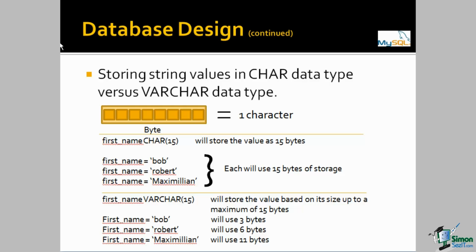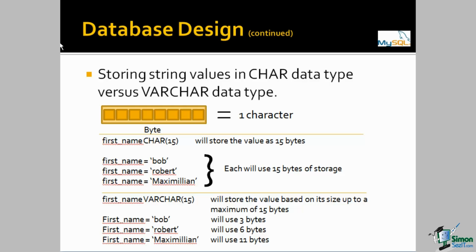It's a sharp contrast to storing Bob in a char 15, where only 3 bytes of storage are actually used for the data, but the column data type is declared to use 15 bytes of fixed storage. So there would be 12 bytes of wasted storage. Again, in a large database, this kind of inefficient storage adds up quickly.